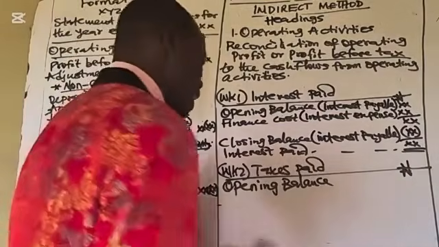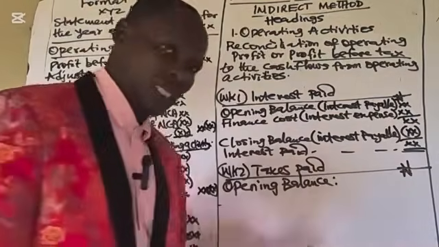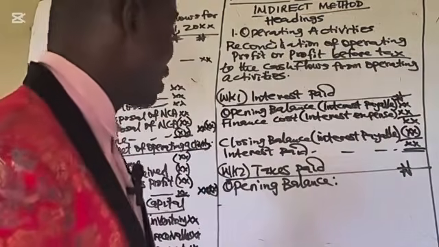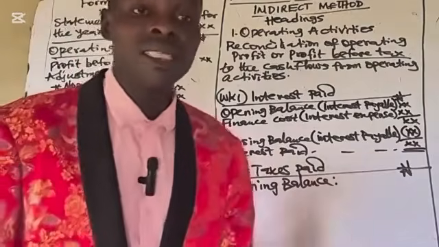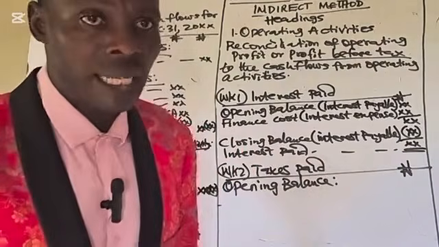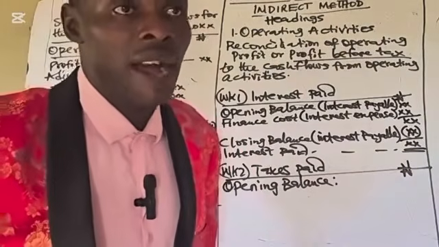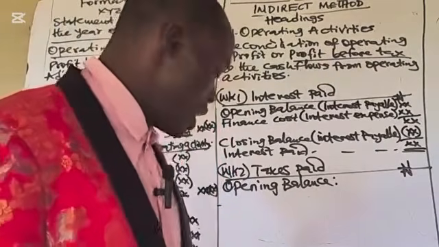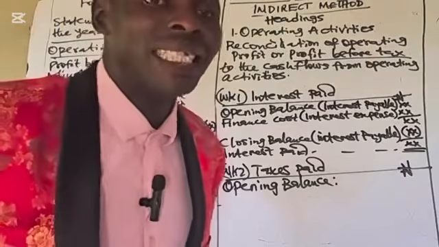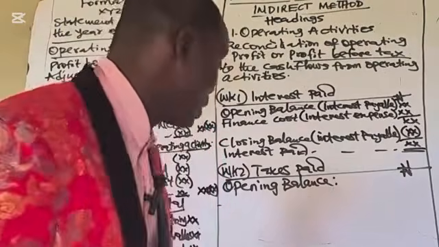But in respect of tax, there are 2 or 3 places tax information may be found in the statement of financial position. You may have it under non-current assets, which is deferred tax asset, but it's not very common. Then you may also have deferred tax liability under non-current liabilities.